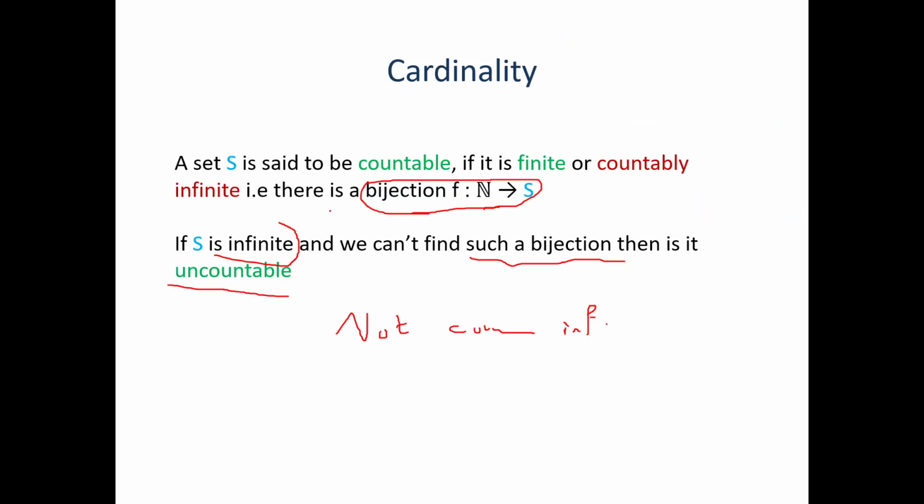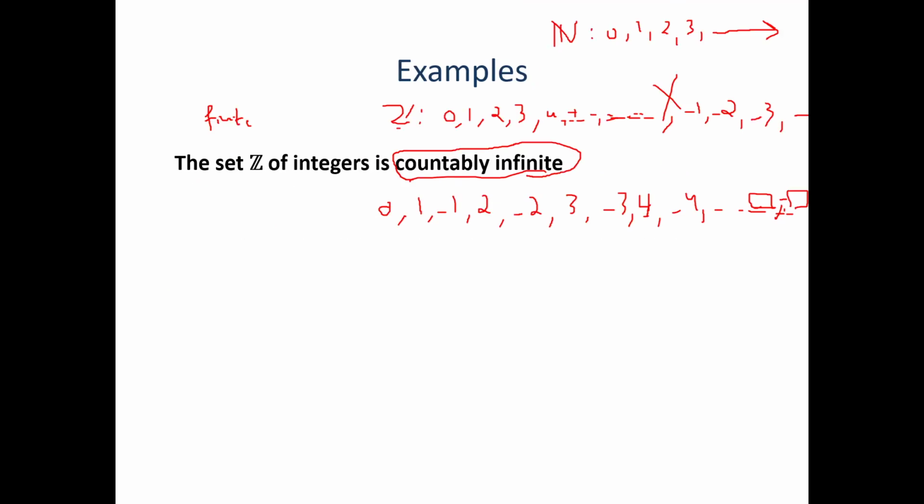Remember, countably infinite means you can find the bijection F from the set N to S. Our S here is just Z. Well, let's say we do this. F of n, I'm trying to build my function, my mapping.